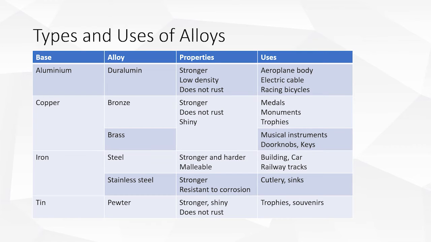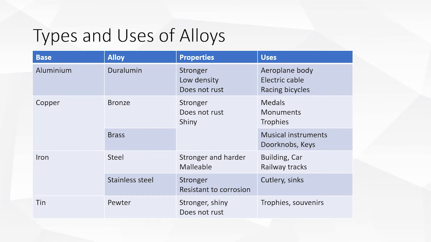Next, bronze and brass originate from the same pure metal, which is copper. Both alloys have similar properties but are used for different purposes. They are stronger than pure metal, since the arrangement of atoms inside alloys is different from pure metal. Besides, they have high resistance to corrosion and a shiny appearance.